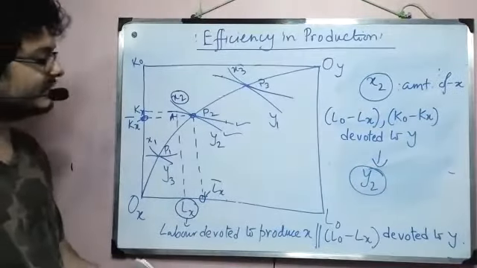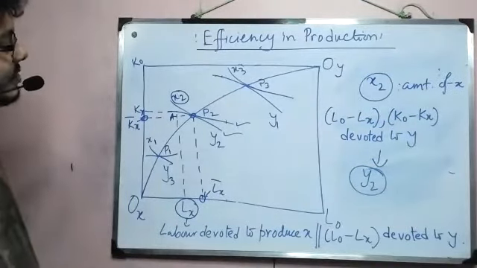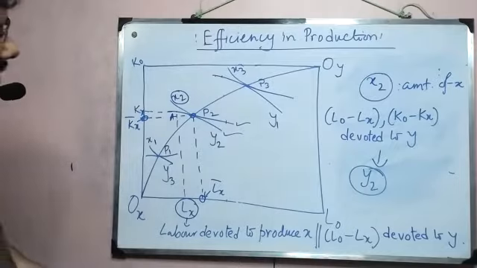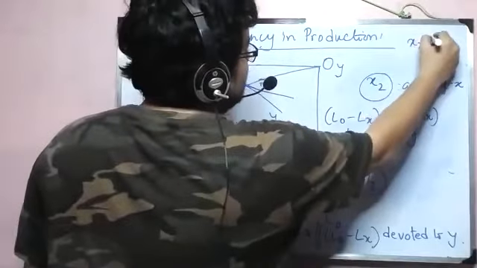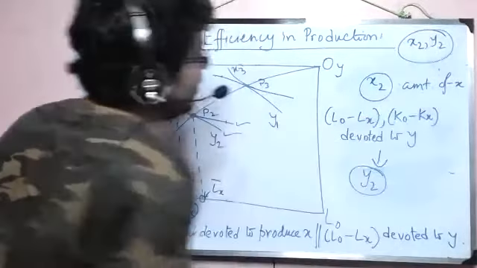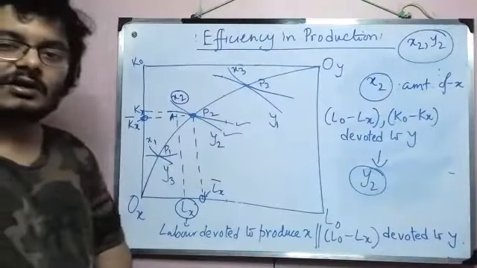That's what the isoquant says. Right? Now, so what do we get here? We are getting X2 and Y2, which are represented by these isoquants. These are the amounts of the two goods which are being produced in the economy.